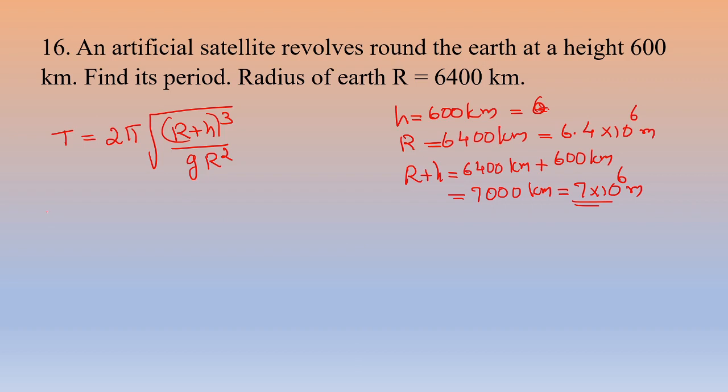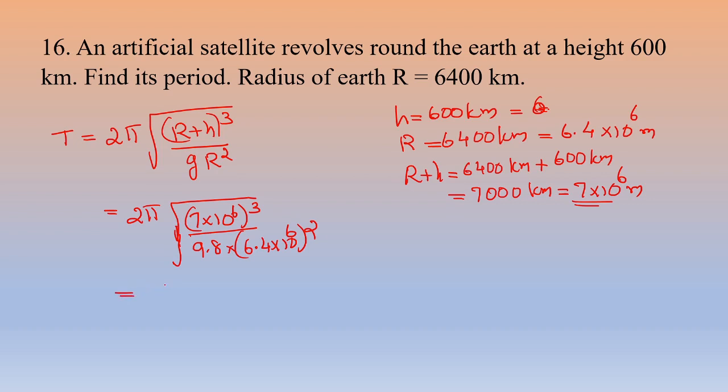Now let us substitute. Therefore T is equal to 2 pi into square root of, what is R plus h? That is 7 into 10 raised to 6 whole cube divided by small g, we know 9.8, R that is 6.4 into 10 raised to 6 whole square.